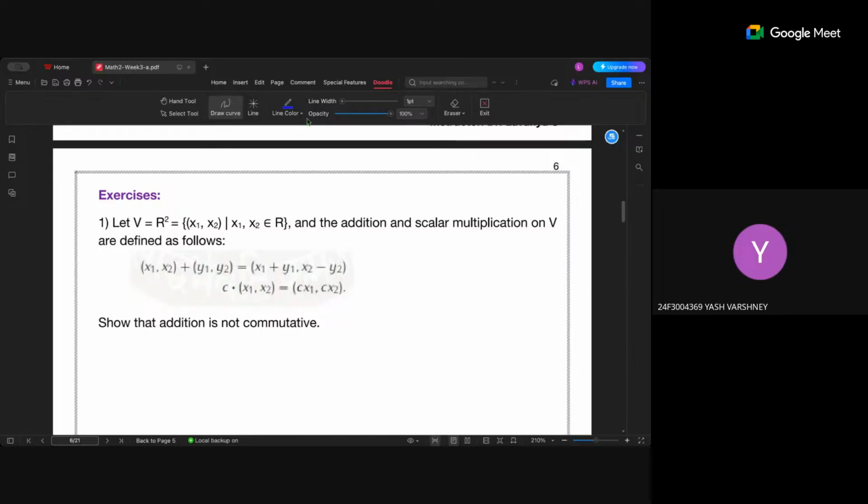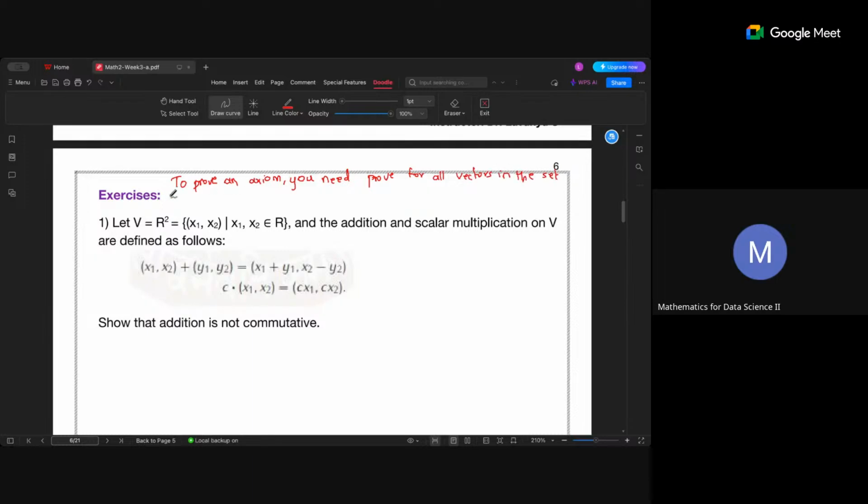One thing I want to mention here, it is important, so I'm writing in red. To prove an axiom, you need to prove it for all vectors in the set.